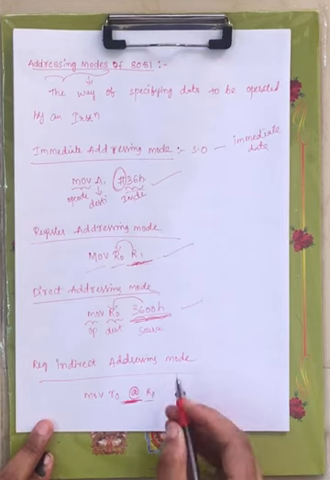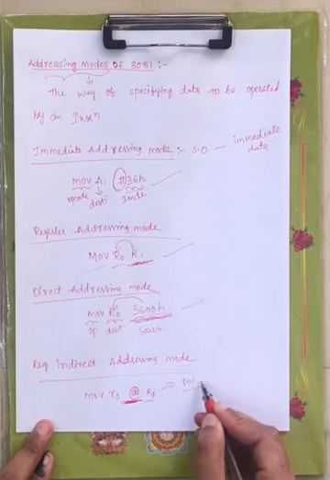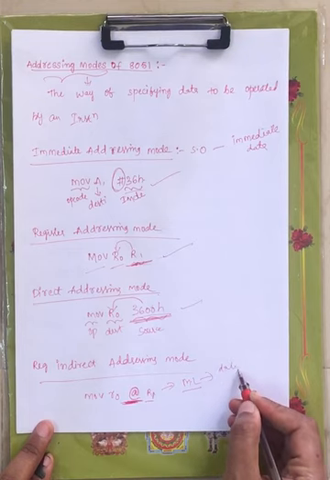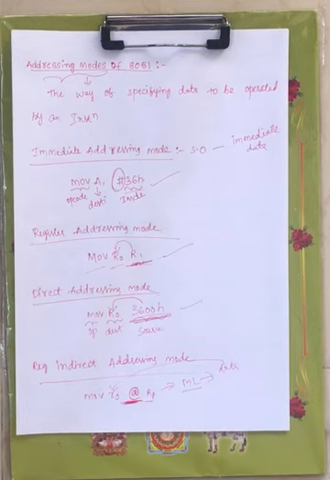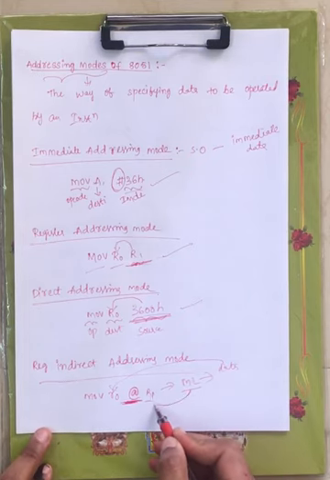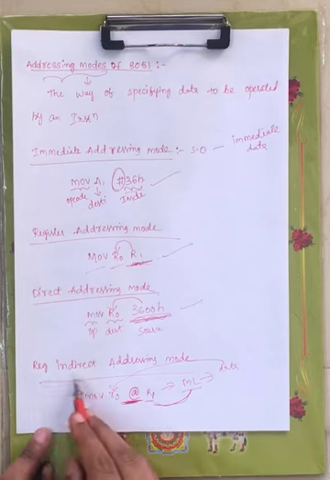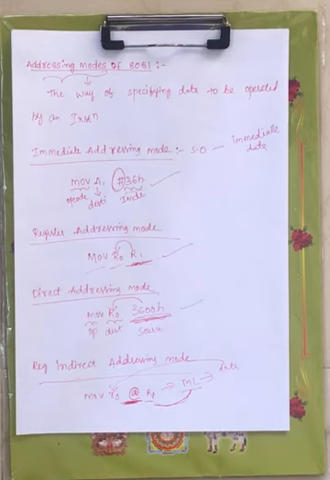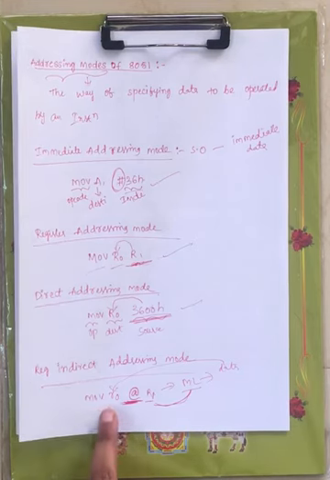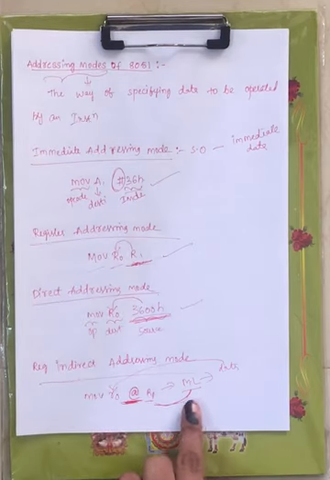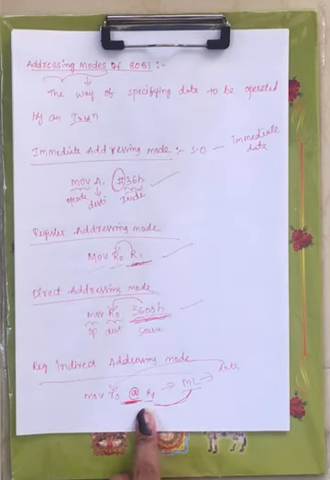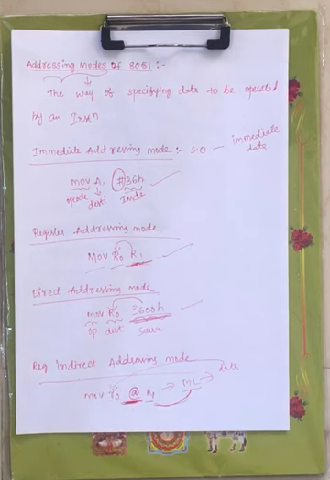This R1 will point to some memory location, that memory location will store some data, and that data is moved to your R0 register. You are indirectly pointing to the memory location with the register, that's why it is called register indirect addressing mode. Whereas under your 8085, you are pointing to the memory location with a register pair. Register indirect or indirect, both are the same. Here we are pointing to the memory location indirectly with a register.